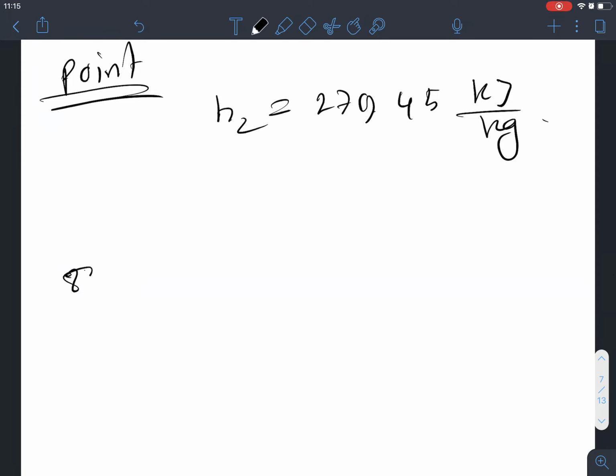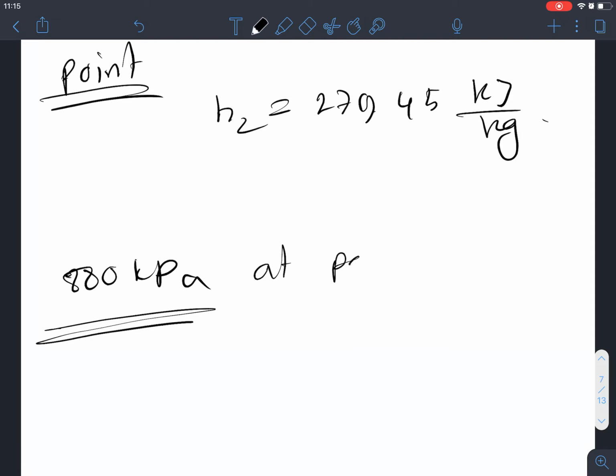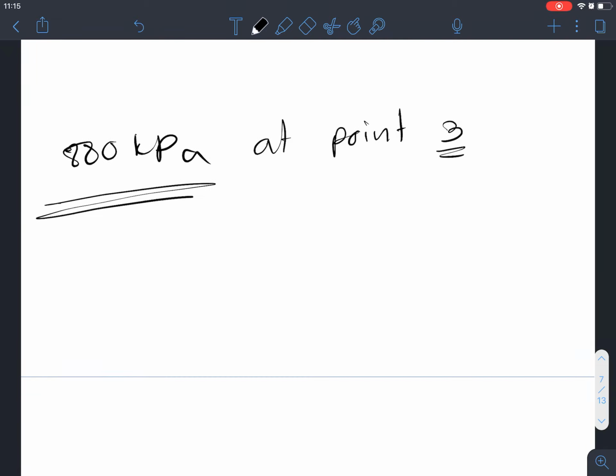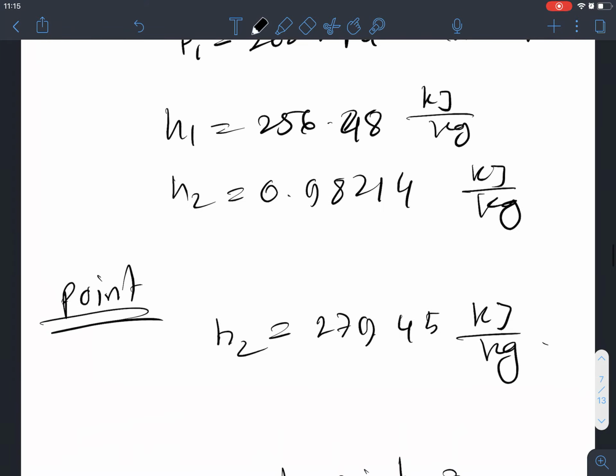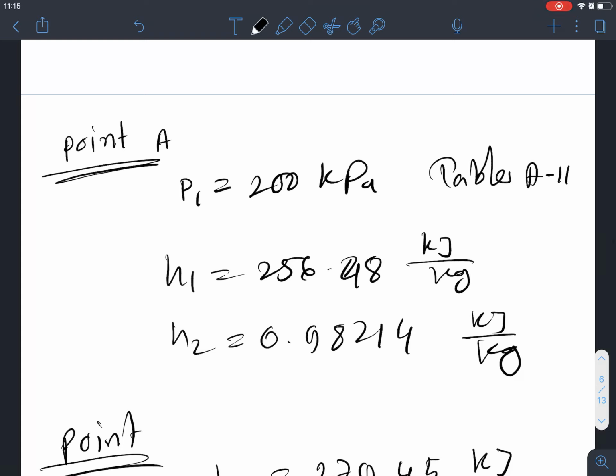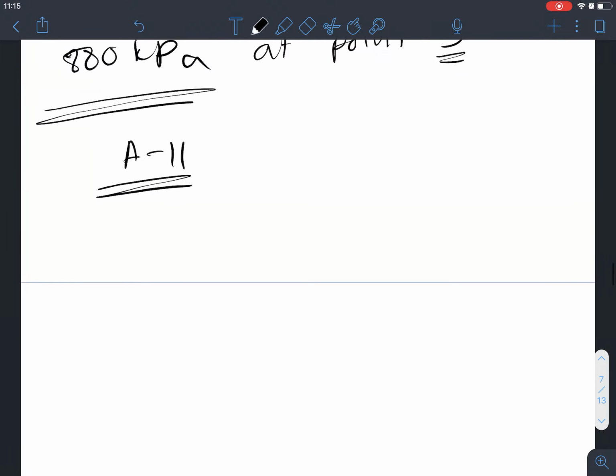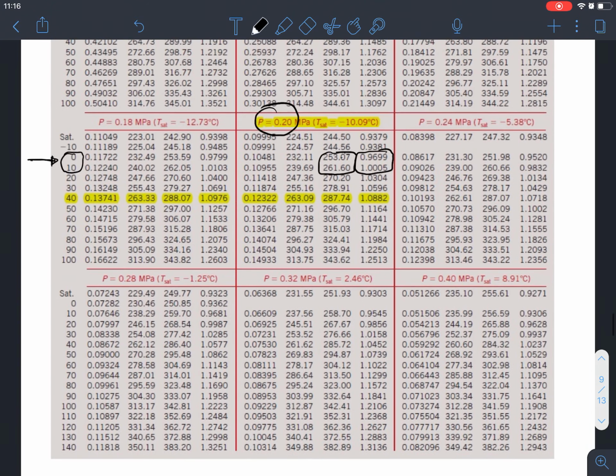And also with respect to 800 kilopascal, we need the enthalpy at point 3, which is the saturated liquid, so it will be table A11, right, not table A13 anymore. This is table A13. Okay, and then table A11, basically with respect to 800 kilopascal.